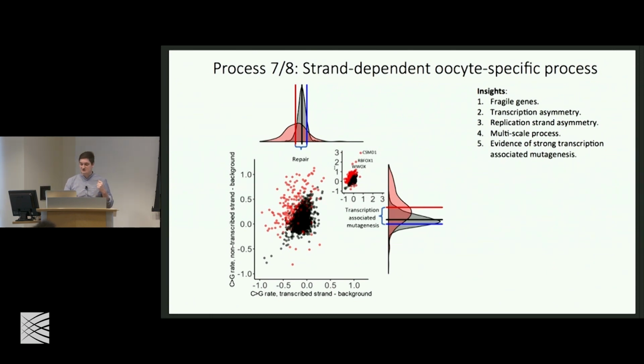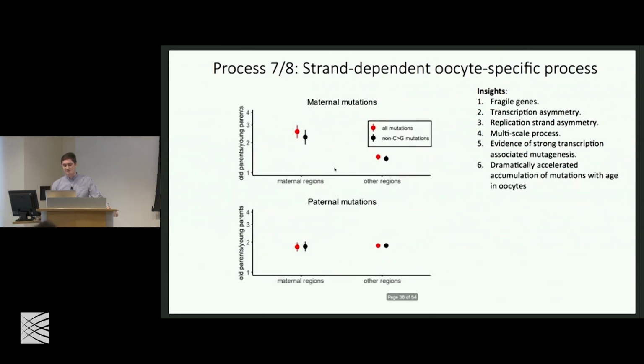So it induces very strong transcription-associated mutagenesis. And finally, if we look inside these regions, it turns out that they have dramatic acceleration of mutation accumulation with age, and specifically in mothers.